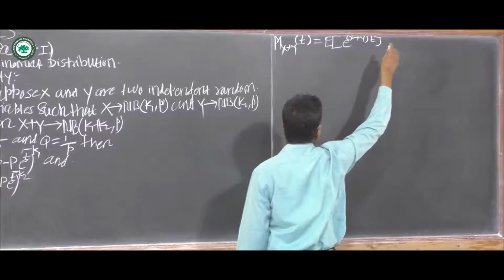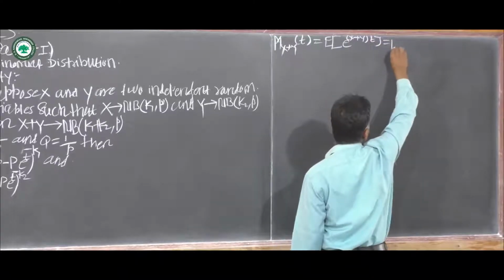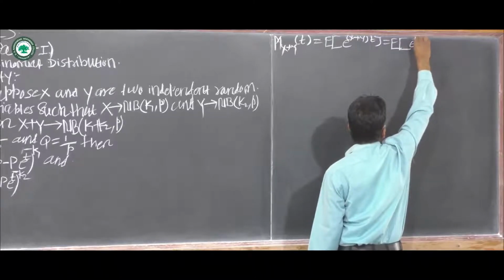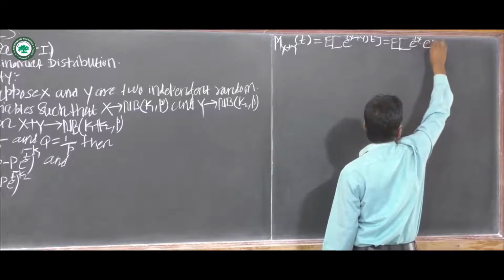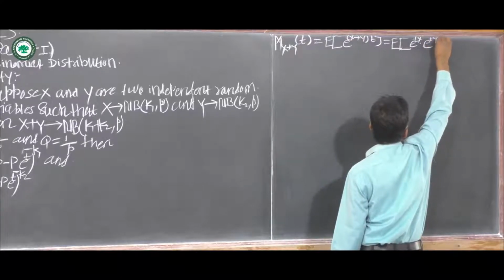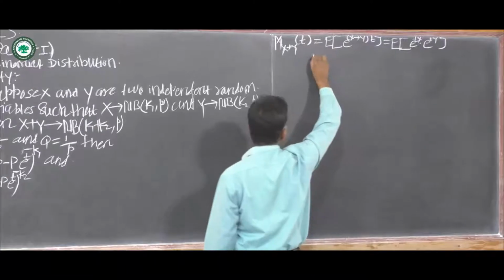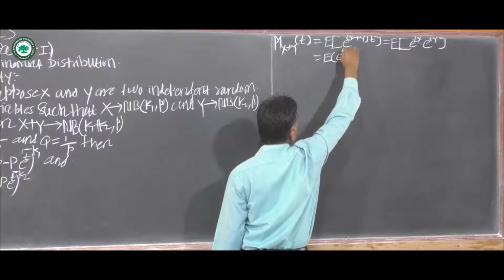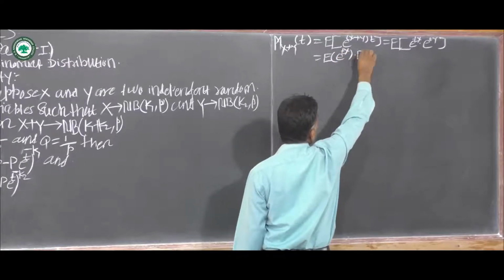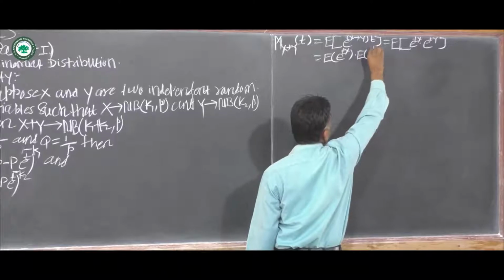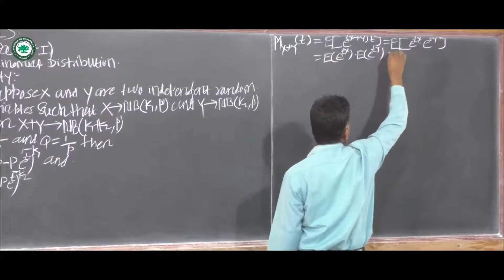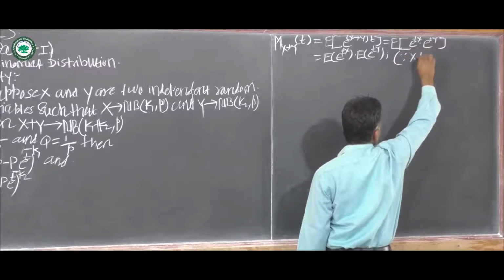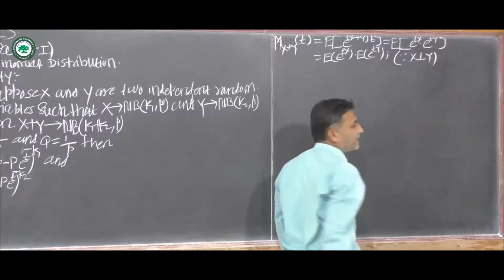This can be written as the expected value of e^(tX) into e^(tY), which is equal to the expected value of e^(tX) into the expected value of e^(tY), since X and Y are independent.